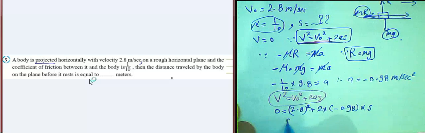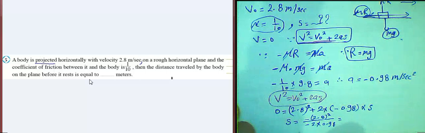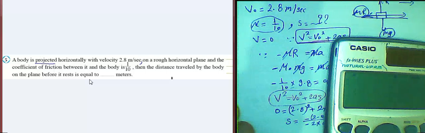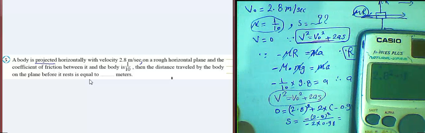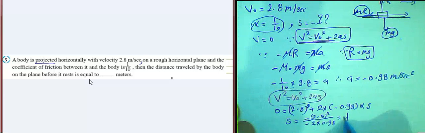Moving this number from the left hand side, negative 2.8 squared over negative 2 multiplied by 0.98. We can use a calculator: 2.8 squared divided by 2 multiplied by 0.98, the result will be 4. So the displacement is 4 meters.